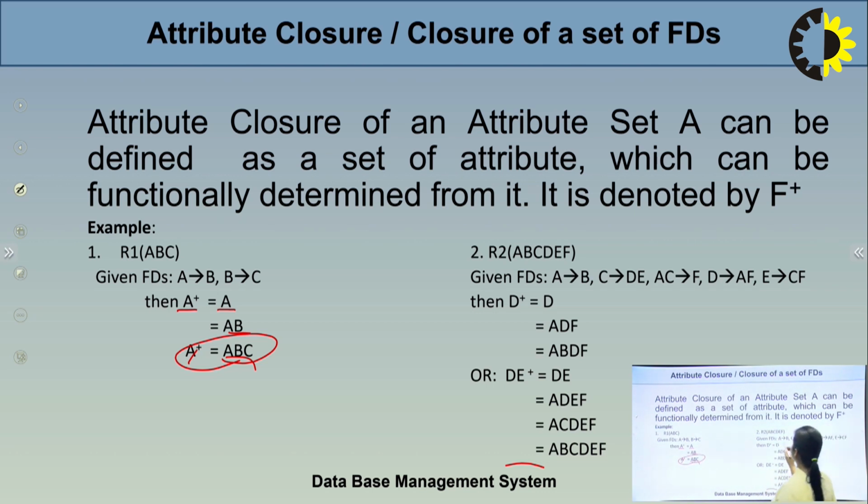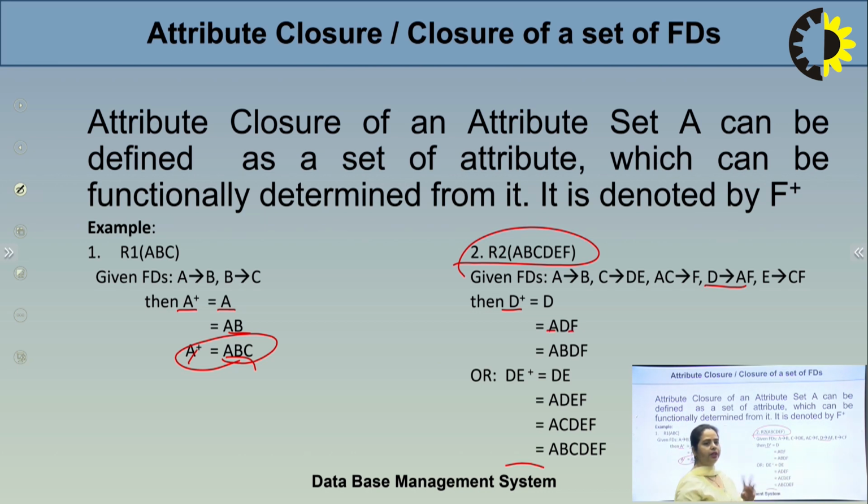Let's have another example. There is a relation R2(A, B, C, D, E, F), and these are the functional dependencies. I need to find the closure set of D. Closure set means with the help of D, which attributes we can find. With the help of D, I can find D easily. This is a trivial functional dependency. Now, with the help of D, I can find A and F, so A and F are also added.